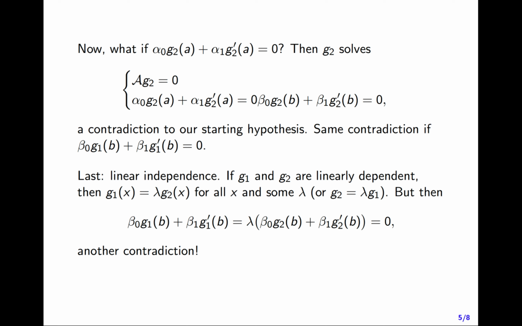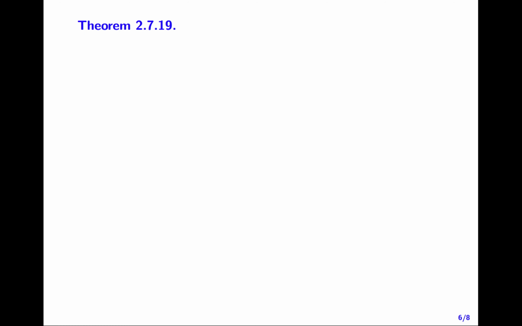That's the power of proof by contradiction. We get linear independence by contradiction, and we get solving precisely the half boundary value problems from before by contradiction. So I've cooked up these two marvelous auxiliary functions, g1 and g2, that satisfy the half boundary value problems. Now we're going to go back and solve the full boundary value problem and get that integral operator representation.